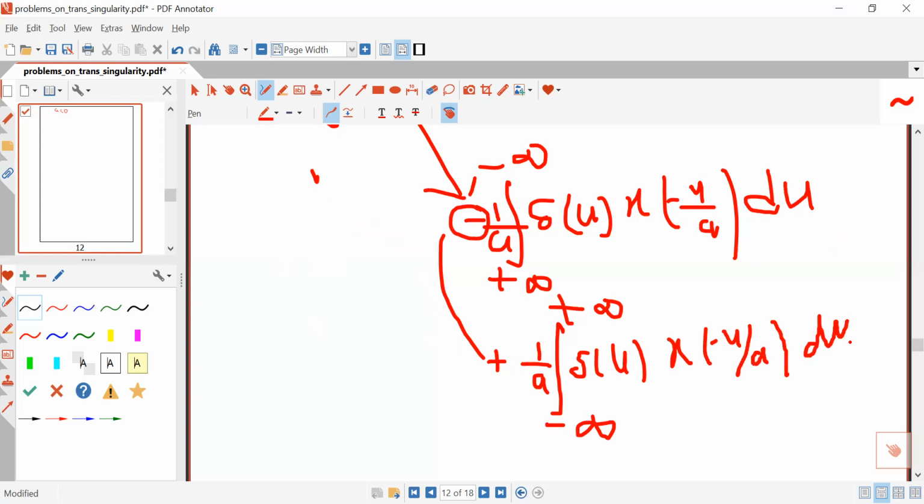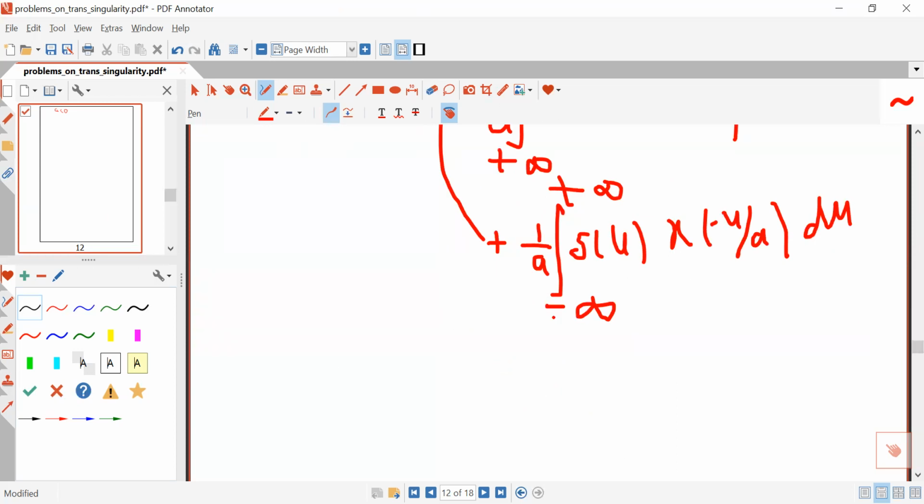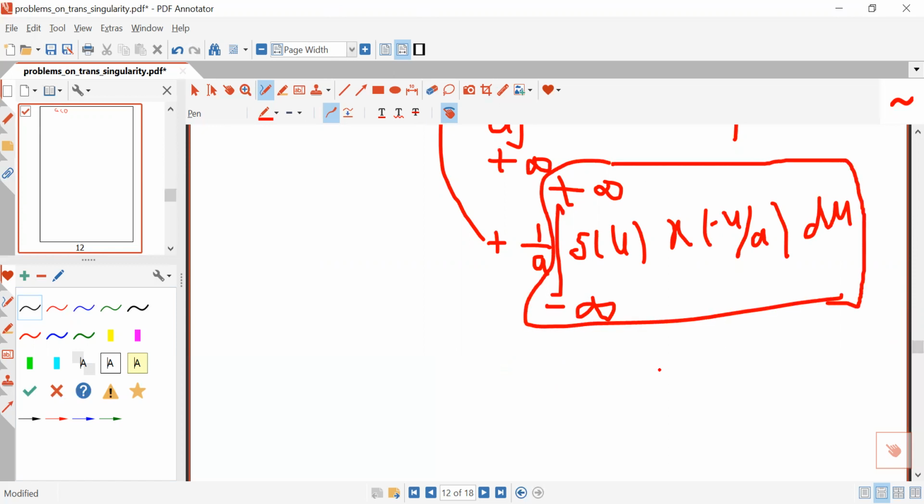And again from the shifting property, you can write this integral value equal to 1 by a, minus infinity to plus infinity, delta u x minus u by a du, which will be equal to x naught.